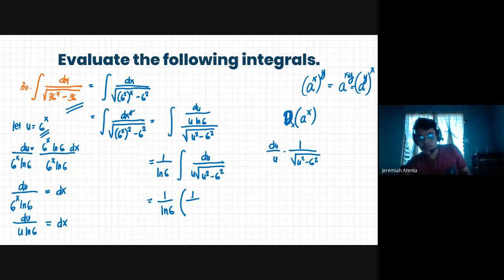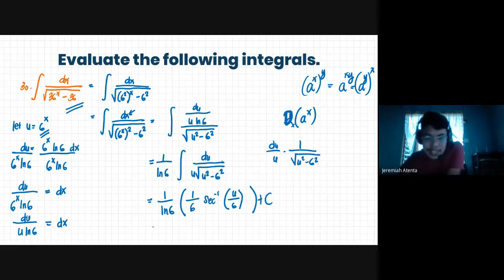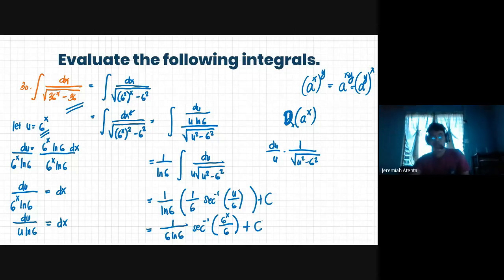What is our a? 6. Yeah, 1 over 6. Secant inverse of u over a, which is 6. Then we have plus c. And simplifying, this is just 1 over 6 ln 6, secant inverse of u, which is 6 raised to x, over 6, plus c.